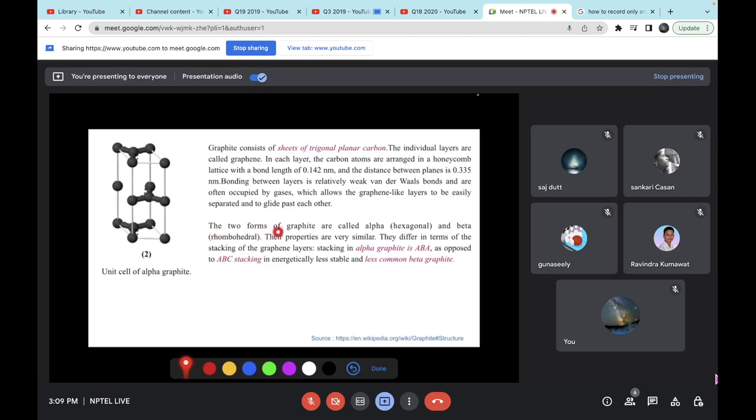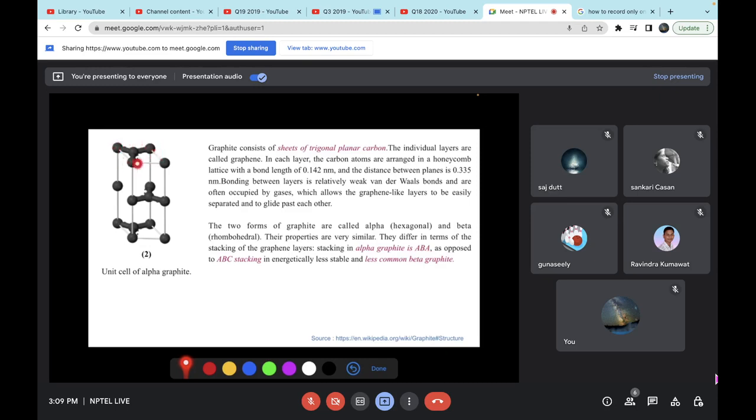The two forms of graphite are called alpha, which is hexagonal, and beta, which is rhombohedral. Their properties are very similar. They differ in terms of the stacking of the graphene layers. What does it mean? It means that in alpha graphite, the stacking is an ABA pattern.